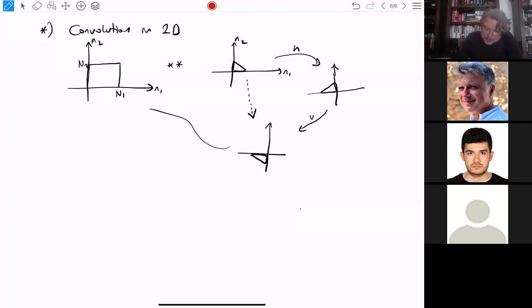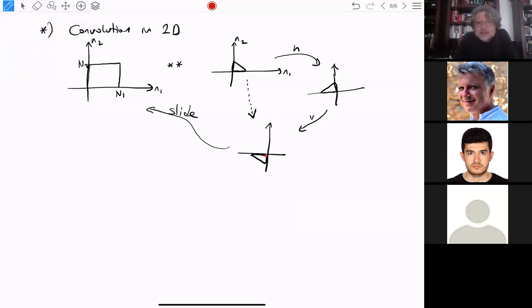And then you can slide over the other image and you multiply. Of course, what you are multiplying would be the values, okay? The value of this at this coordinate, let me put a red dot here.